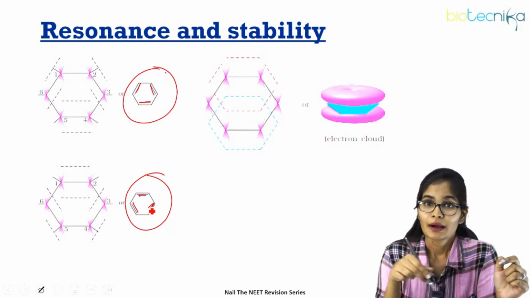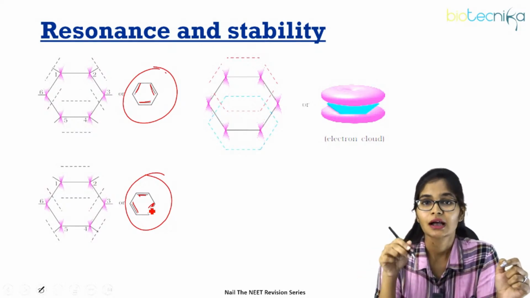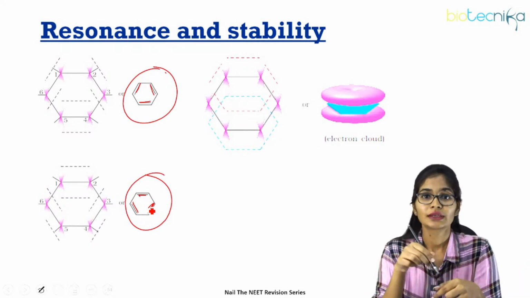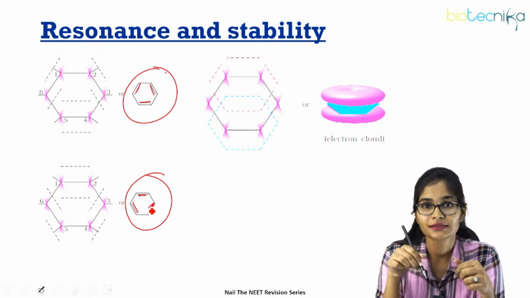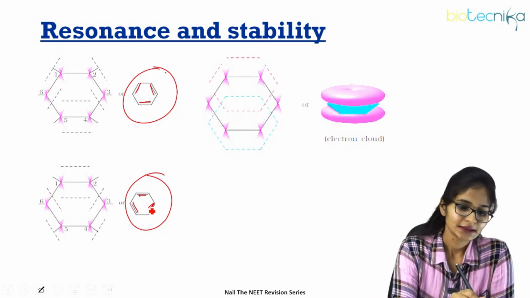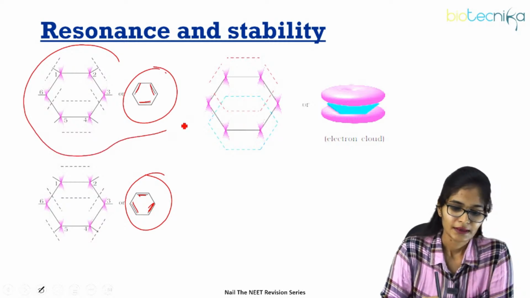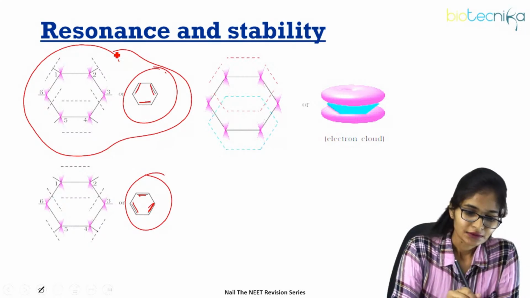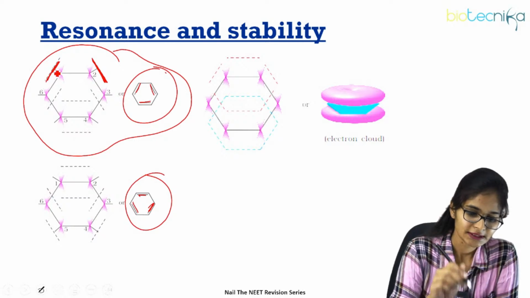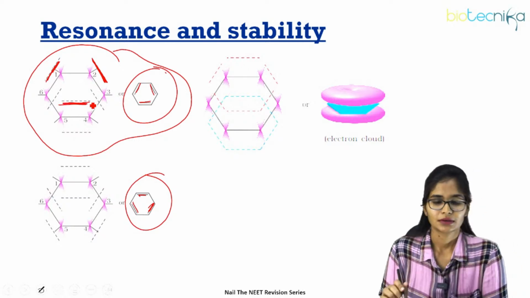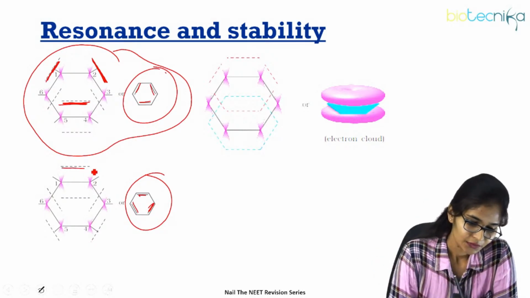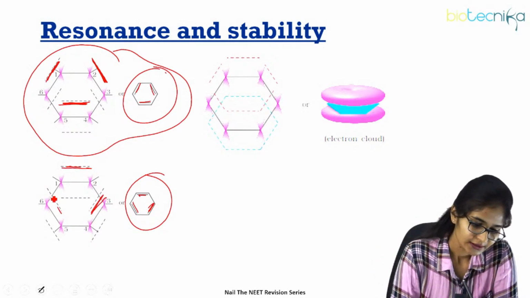This resonance hybrid concept has arisen because the pi electrons present inside the ring are involved in delocalization. Delocalization means the pi electrons are moving inside the ring, so it is what we can call a ring current. Here in this benzene, 1, 2, 3, 4, 5, 6 are already numbered. The pi bond is shown from second carbon to third carbon, then first carbon, sixth carbon, fifth carbon, and fourth carbon. Similarly, in the second resonance hybrid structure, you can see the pi bonds between 1 and 2, 3 and 4, and 5 and 6.